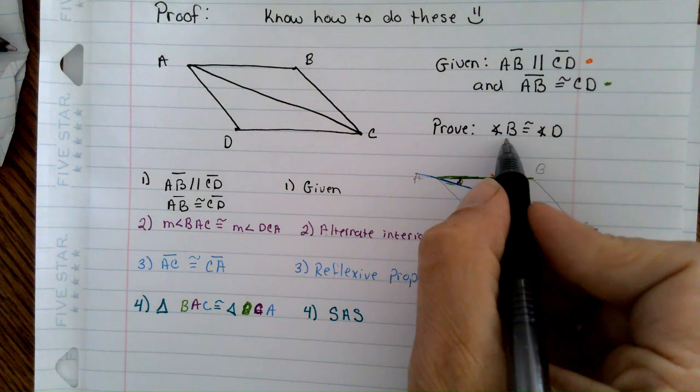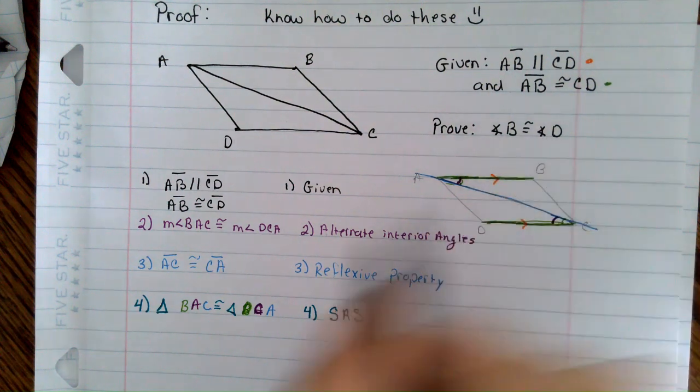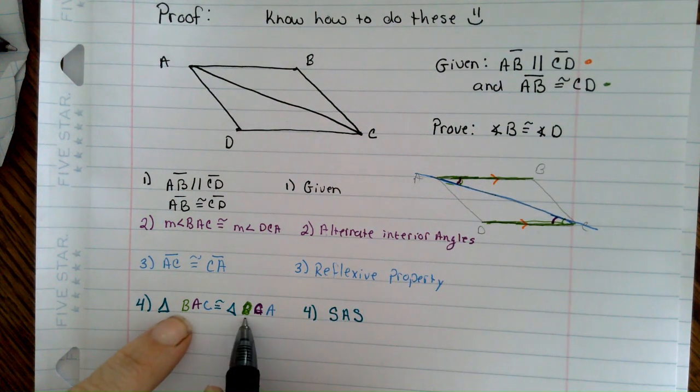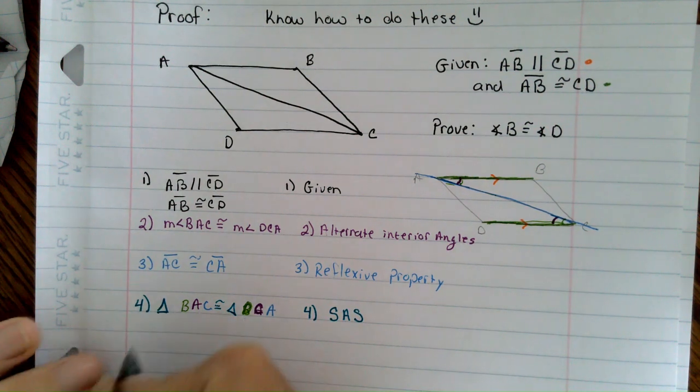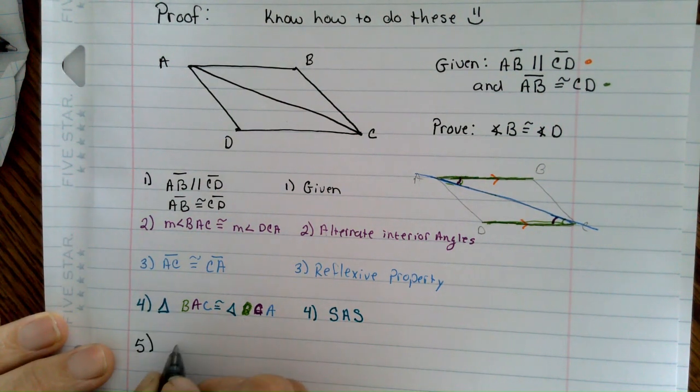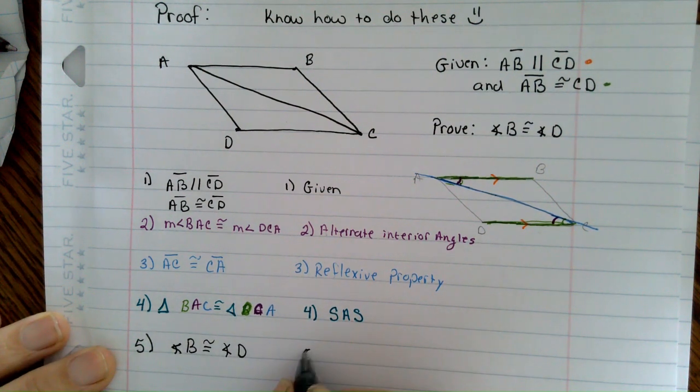And isn't B in the same location as D now? See, starts with B, starts with D? Absolutely. So now we can say angle B is congruent to angle D. And the reason we can say that is the corresponding parts of congruent triangles are congruent.